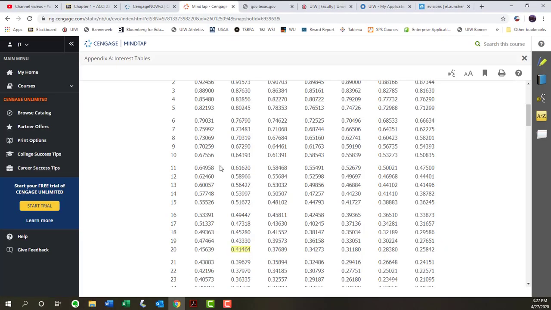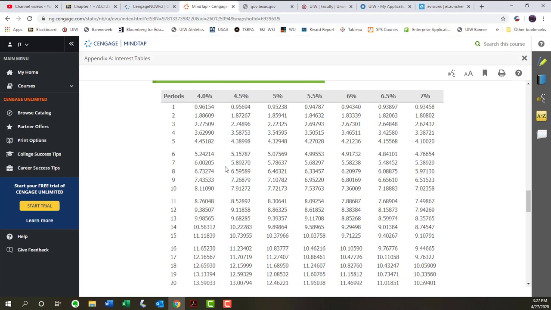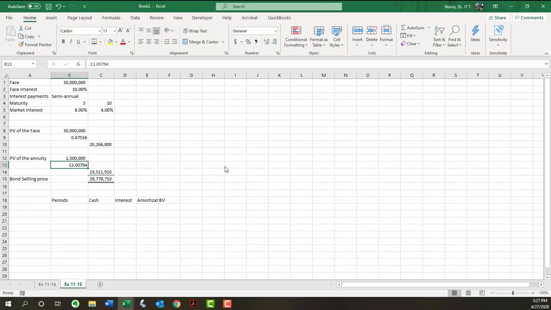And then we'll look down to the other 4% at 10, 8.11090. And that's going to give us 32,433,150. So this is going to be 10 periods.